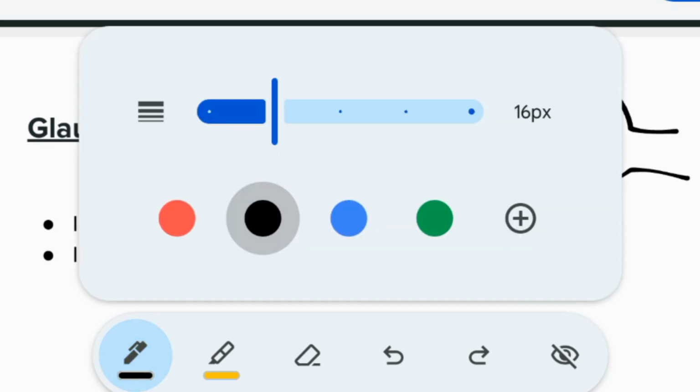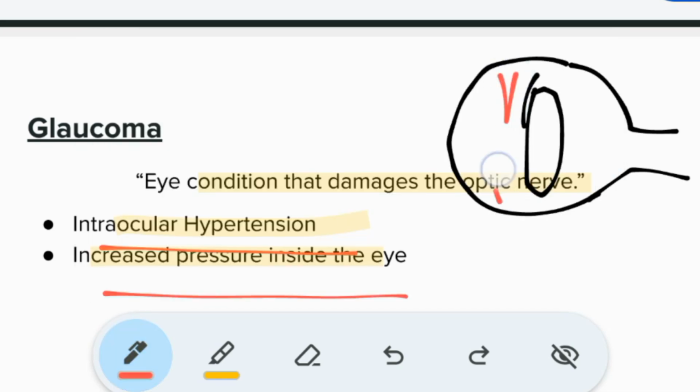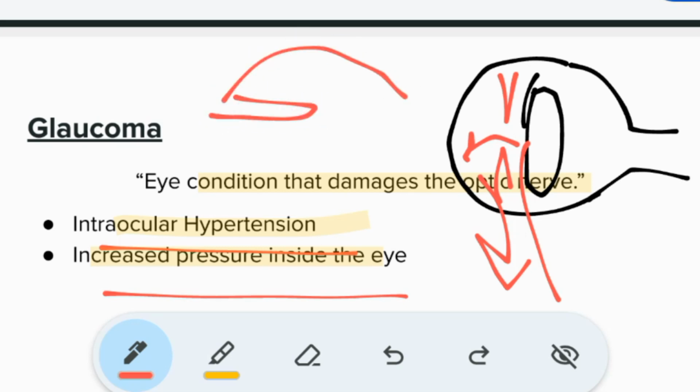Here in the posterior chamber, the ciliary body is producing the aqueous humor, and it moves from the posterior chamber to the anterior chamber, and moves out from the anterior chamber angle. At the iridocorneal junction, this is the cornea and this is the iris. This junction between the cornea and the iris makes an angle, which is the anterior chamber angle, that helps in the drainage of the aqueous humor which is inside the anterior segment of the eye.